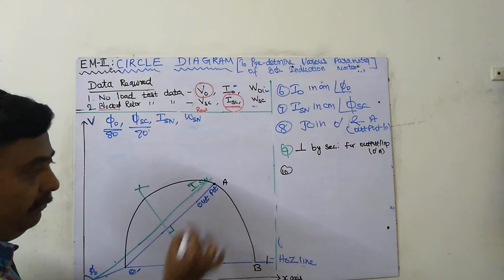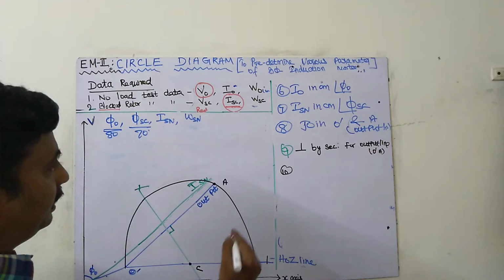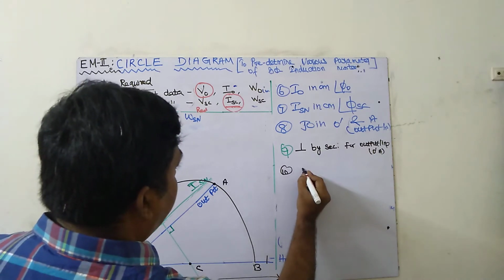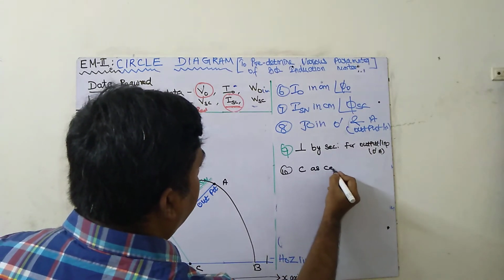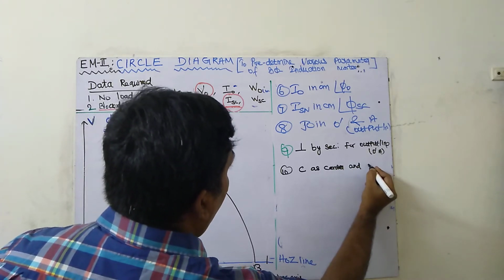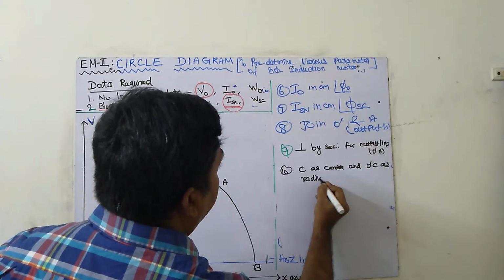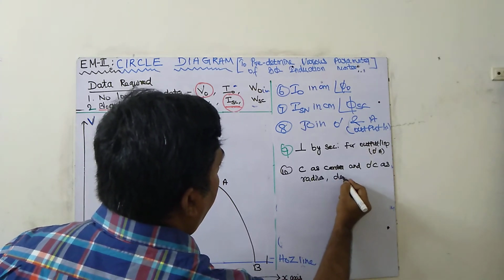Next, what do we have to do? First, the semicircle. How to draw? We have to take C as center and O dash C as radius and draw a semicircle.